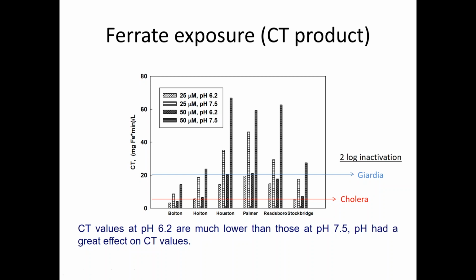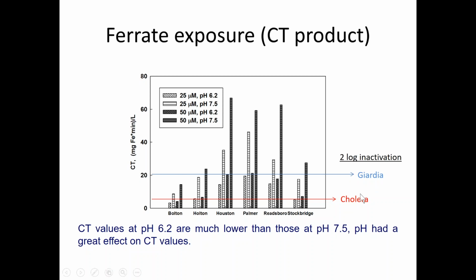Now, the key here is, first of all, looking at the effectiveness of disinfection. If you look at the right over here, I've got a line for 2-log inactivation of Giardia and a line for 2-log inactivation of viruses.